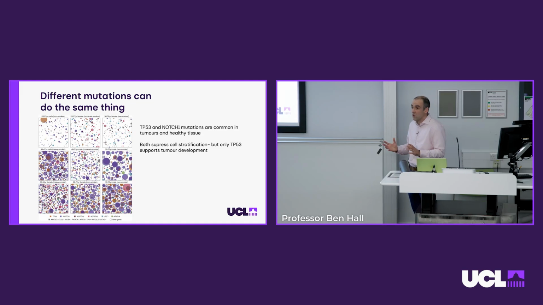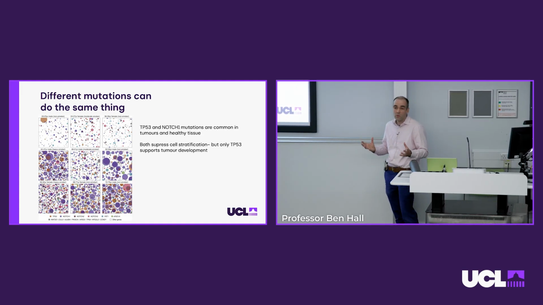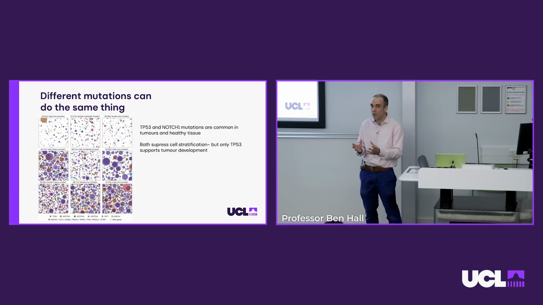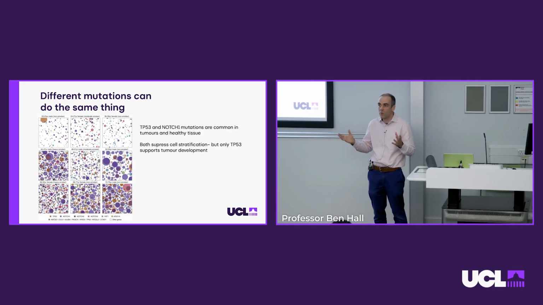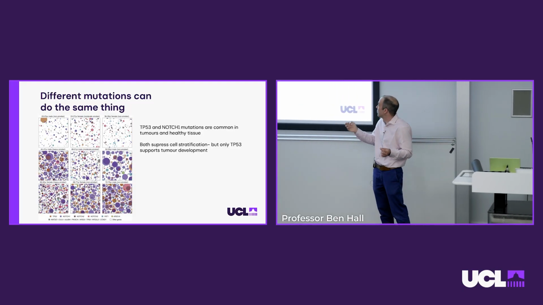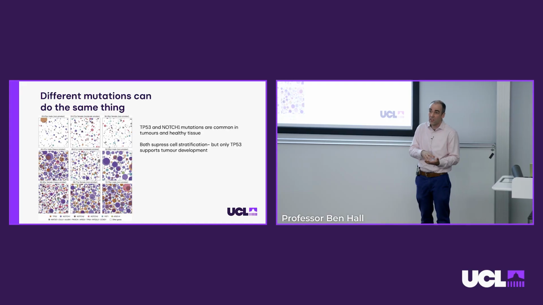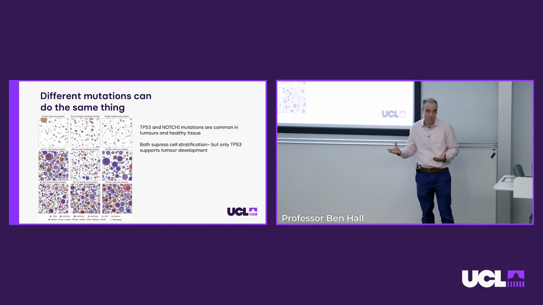Part of the reason that mutations can be tolerated by the tissue is that different mutations can work in the same way, but differ from one another in important facets. So both P53 and Notch1 mutations are very common in healthy esophagus and in tumors of the esophagus.